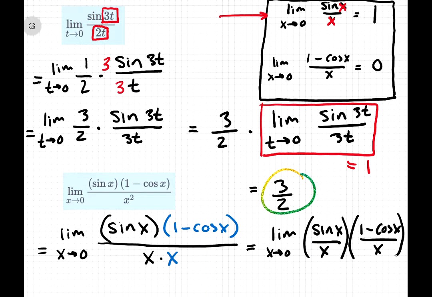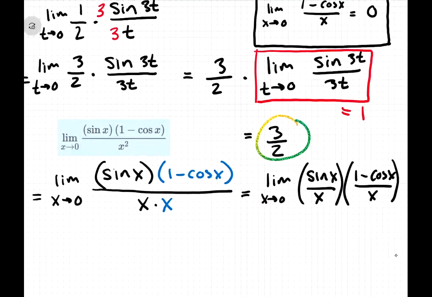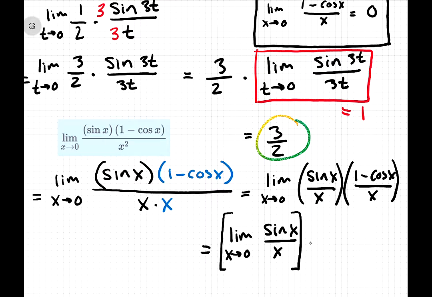And we can split this up into two limits. The limit of a product is equal to the product of the limits. So that's the limit as x goes to 0 of sine x over x times the limit as x goes to 0 of 1 minus cosine x over x.